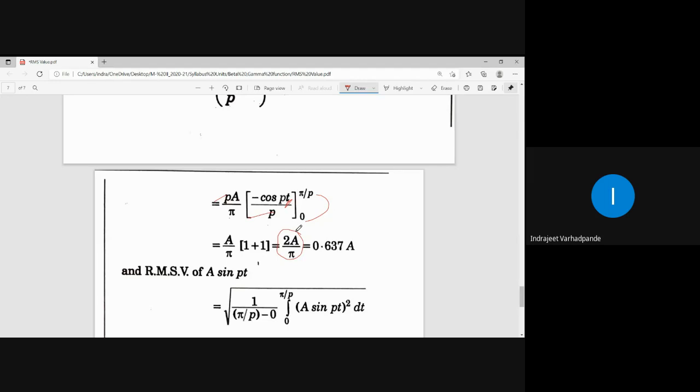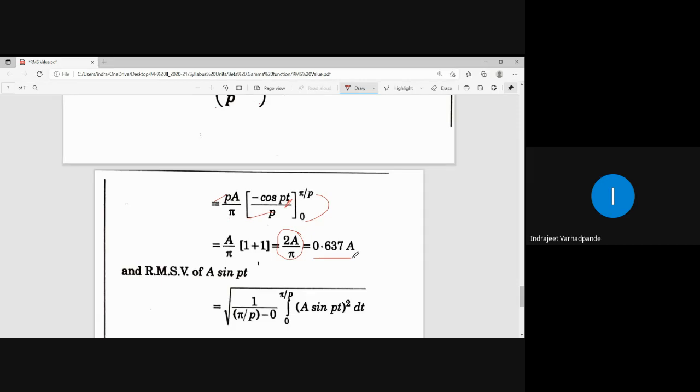2a upon pi का वैल्यू आएगा 0.637a. अभी ये जो कैलकुलेशन है ये एंगल का नहीं है, सिंपल डिग्री. 1 upon pi means 1 upon 3.14. 1 upon 3.14 अगर आप कैलकुलेशन करने जाओगे, so approximately it will be this particular value, right? So accordingly you simplify and multiply it by 2.